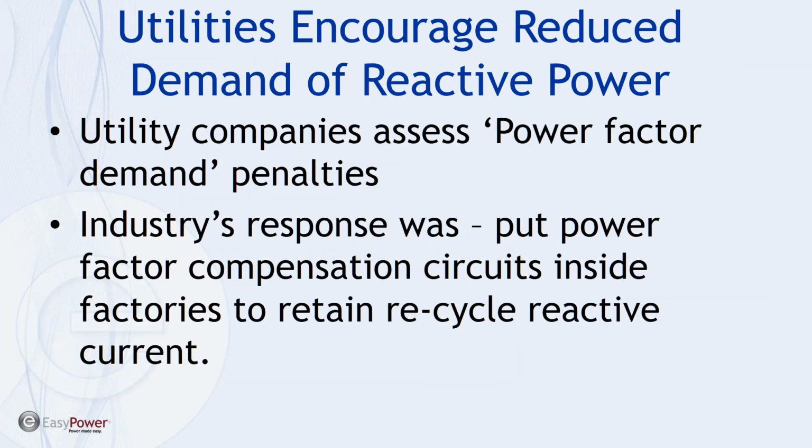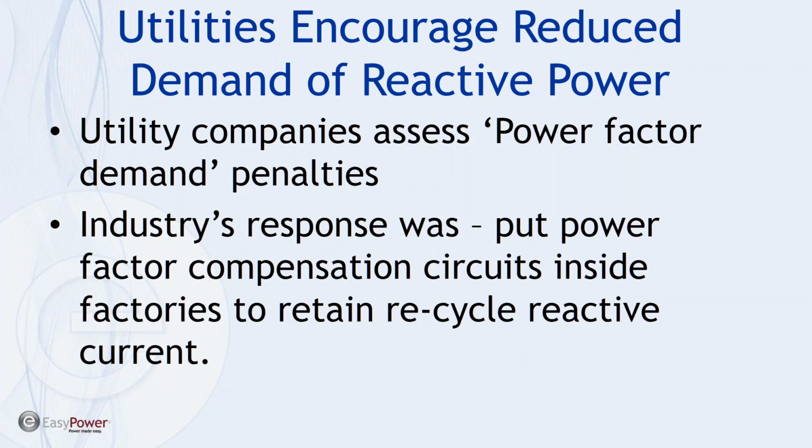So in an effort to encourage people to be more efficient, the utility companies came up with the idea of assessing power factor demand penalties, and consequently, if I had a facility that had a lot of motors and I didn't do anything about it, my penalties could actually increase my utility bill considerably.